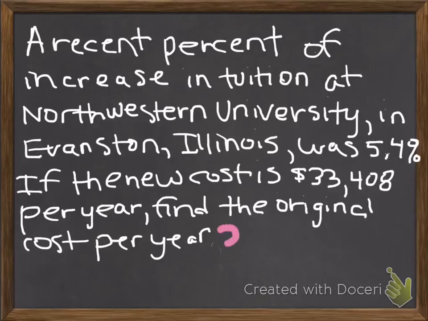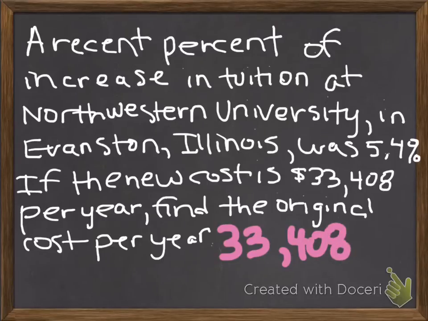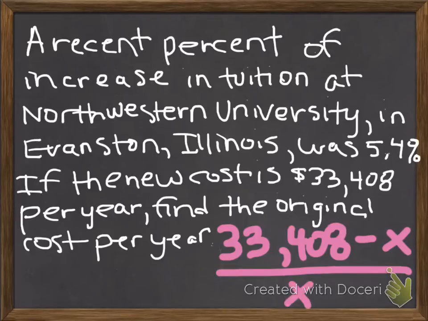So we're going to put the new cost minus the original cost. But we don't know the original cost, so we need to write that as minus x. Now remember also for the percent of change ratio, it needs to go over the original amount, which we also don't know, so that's also going to be x.